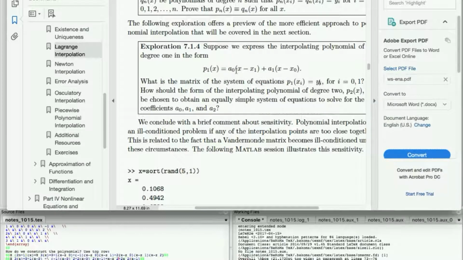Like here, instead of using just polynomials 1 and x, we use x minus x1, x minus x naught. So what quadratic polynomials should we use so that if we plug in x naught, x1, x2, most of the terms will disappear? And that's what leads to Lagrange polynomials.